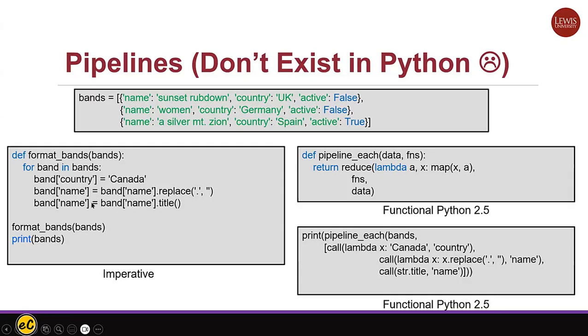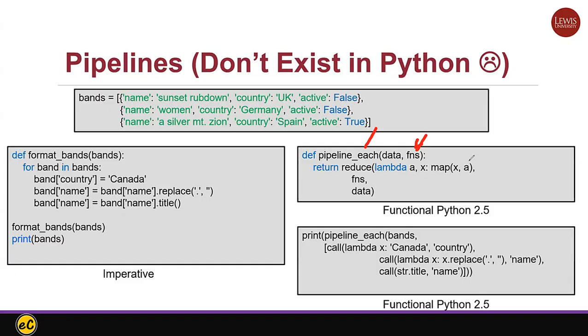This one is called regular Python programming. The right-hand side is called pipelining. So you pipeline each data and function. You apply the data with the function. So this is a function being put over there, and you do reduce map x.